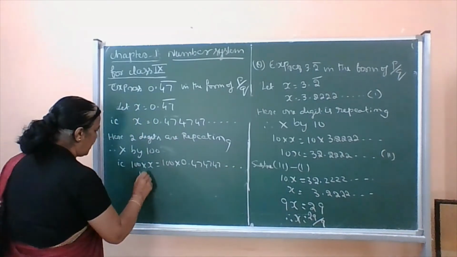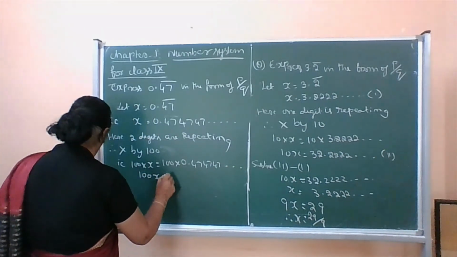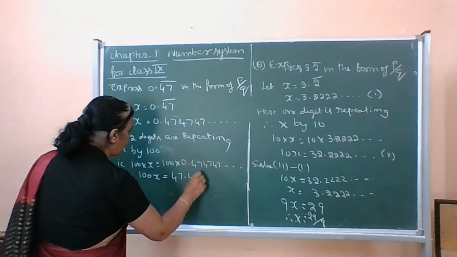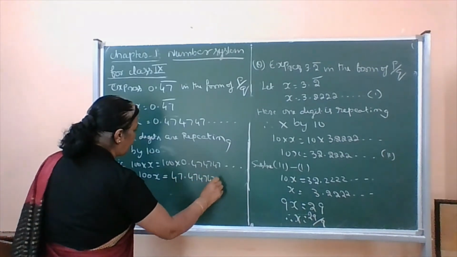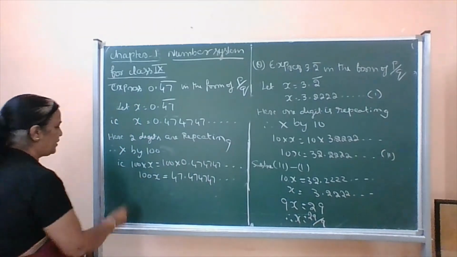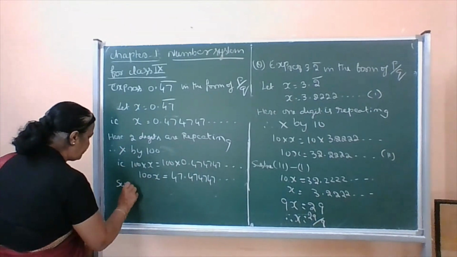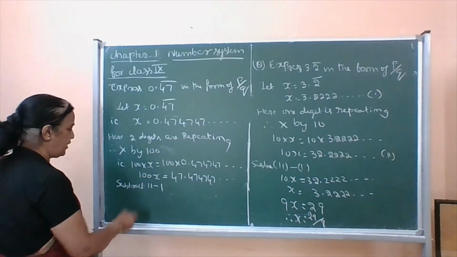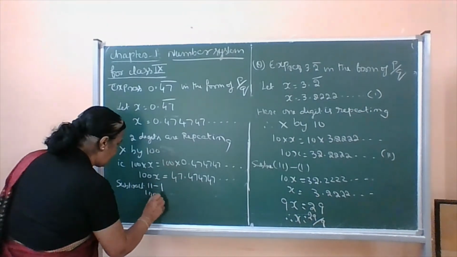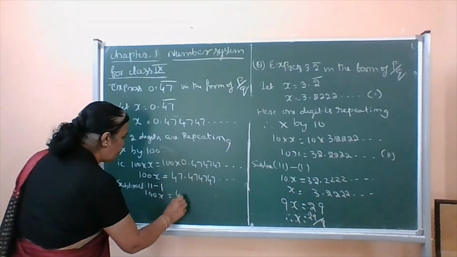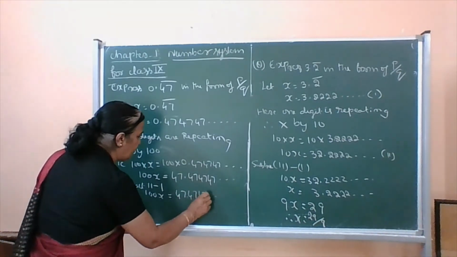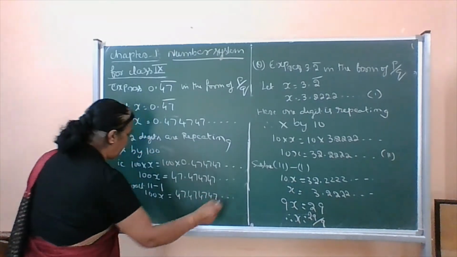That is 100x is equal to 47.474747 is repeating. That is subtract 2 minus 1, that is 100x is equal to 47.4747 and this is repeating.